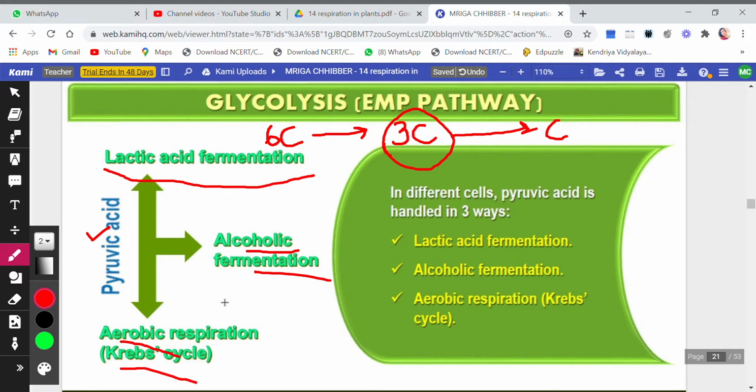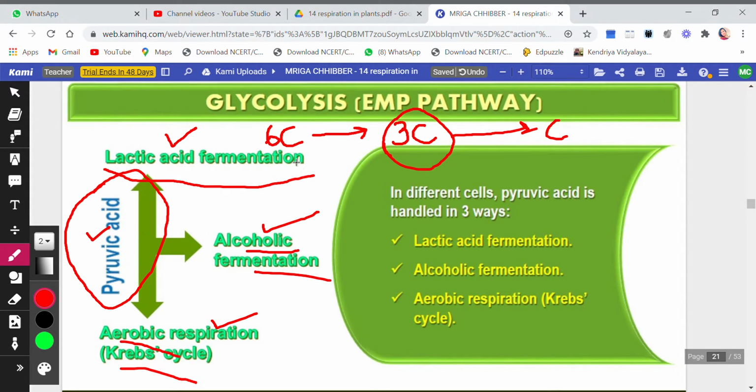Now children, remember this, that all three of them have the same raw material. Whether you follow lactic acid fermentation, alcoholic fermentation, or aerobic respiration, all of them have the same raw material, that is pyruvic acid.